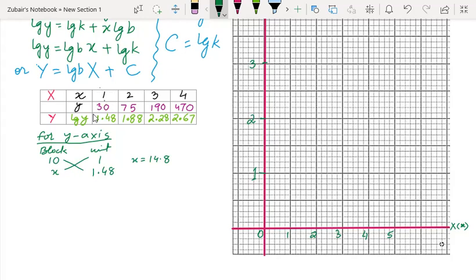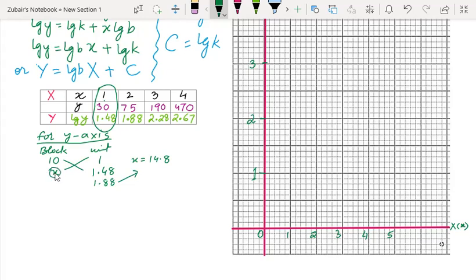This is for the first point. Keep in mind, we are taking only the values of capital X and capital Y. Now for this one, 2 and 1.88. 2 is okay with the horizontal, but for the vertical 1.88, x will become 18.8.